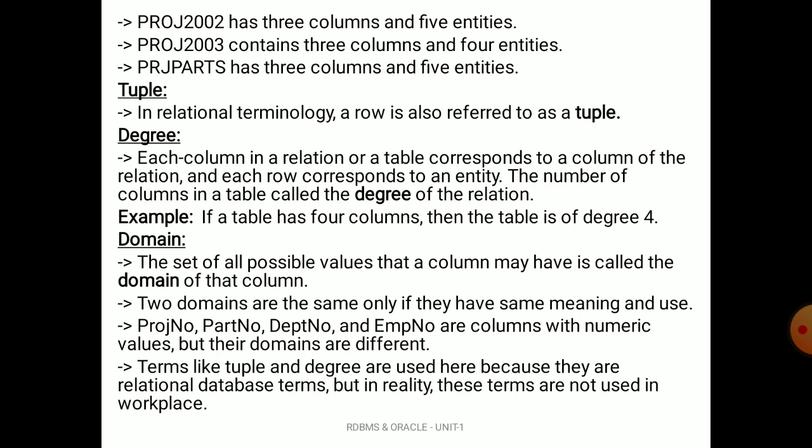For example, project number, part number, department number, and employee number are columns with numeric values, but their domains are different. Terms like tuple and degree are used here because they are relational database terms. But in reality, these terms are not used in the workplace.